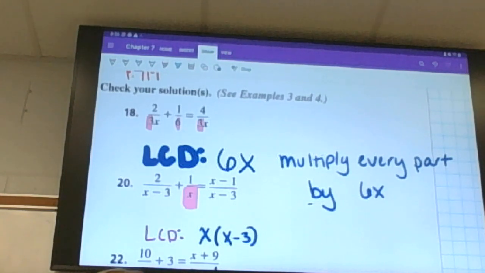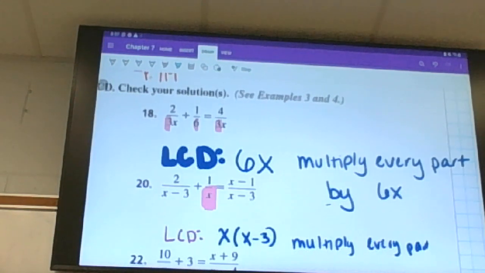Okay, I'm going to spread the problem out. I got 2 over x minus 3 plus 1 over x equals x minus 1 over x minus 3. Now I'm going to multiply everything by the LCD.